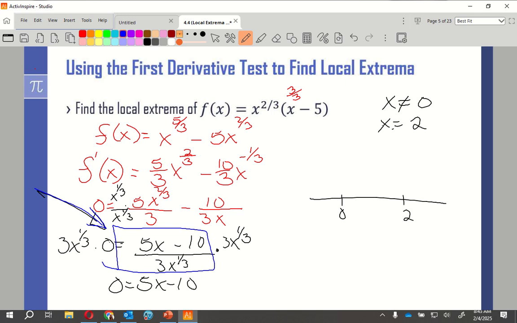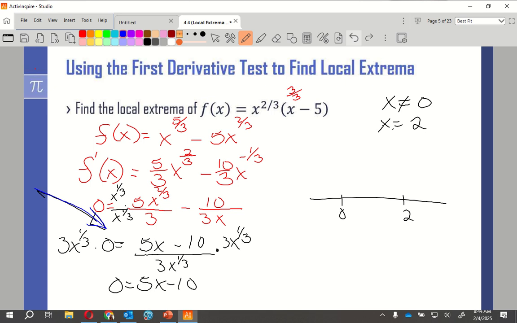So I'm allowed to have a cube root of -1, so that would be -1 times 3. That's a -3 in the bottom. I have -1 times 5 is -5. -5 minus 10 is -15. So the top of my function is going to be negative. The bottom of my function is going to be negative. And two negatives make a positive.